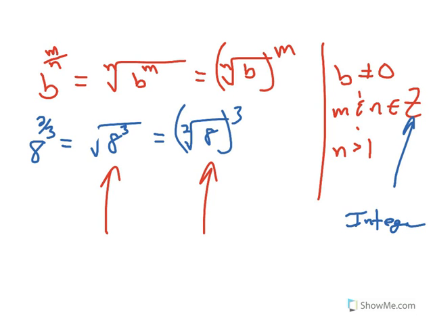Please forgive me. Got my exponents in the wrong spot. The 3, which was the denominator, goes in the radical. The 2, which was the numerator, goes into the exponent. Let me start this over.